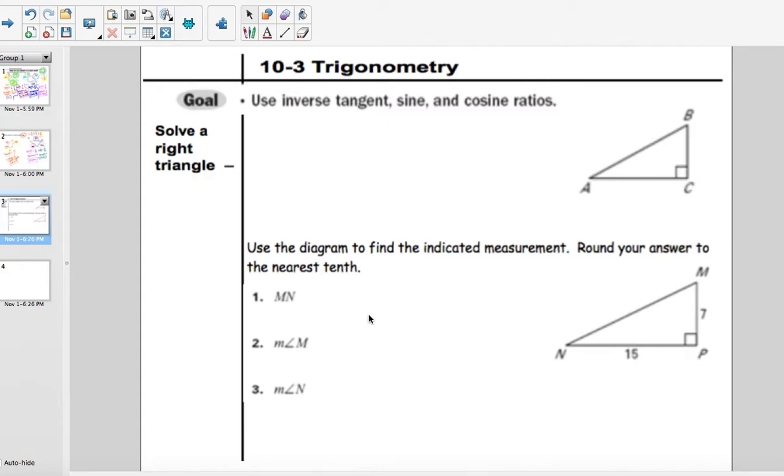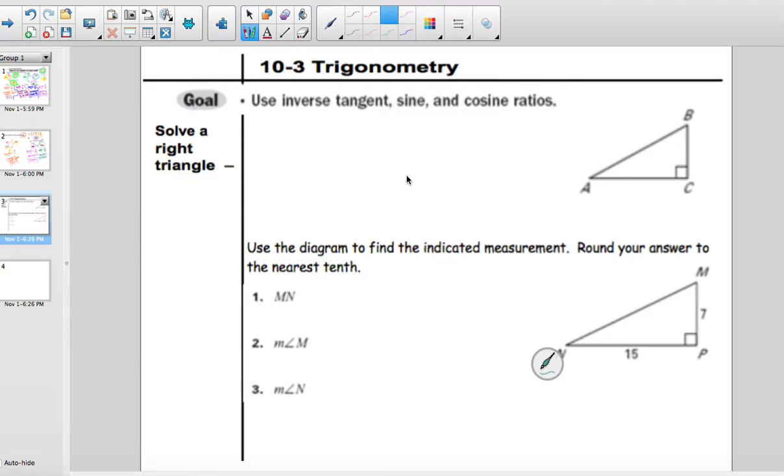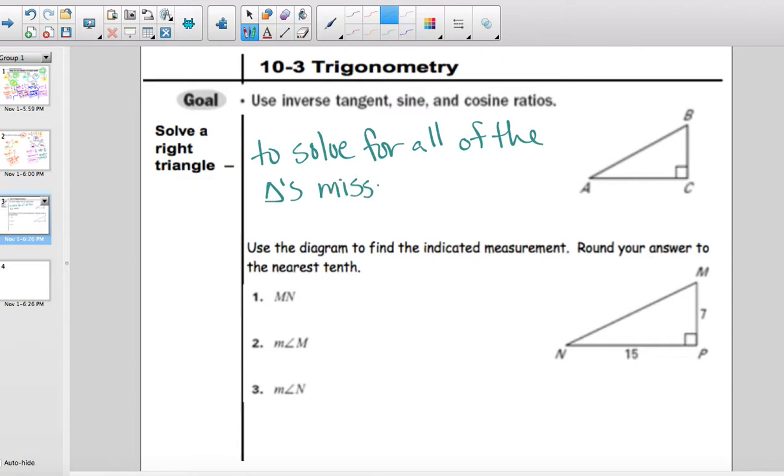We're going to use trigonometry here to solve right triangles. And so when you're solving a right triangle, it means to solve for all of the triangle's missing information.